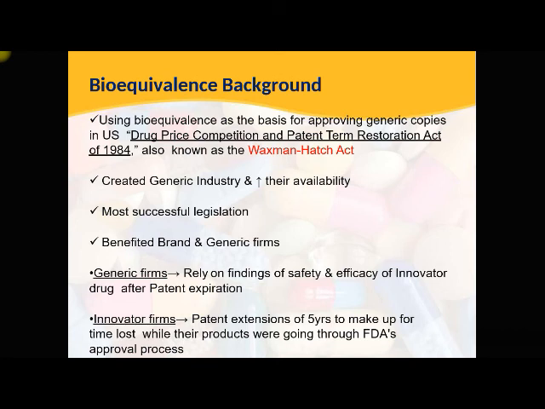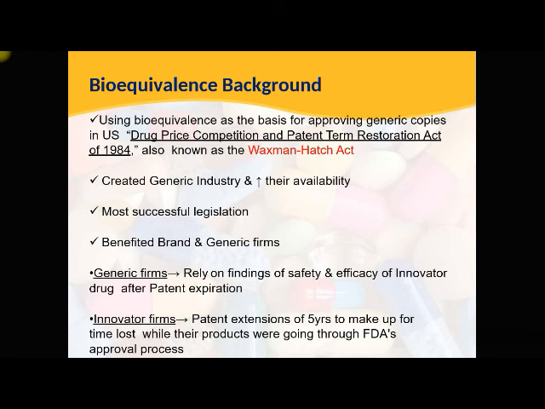Okay, so it created the generic industry and increased their availability. It is one of the most successful legislations in the pharmaceutical arena. Okay, so it benefited brands as well as the generic firms. Generic firms rely on the findings of safety and efficacy of the innovator drug after patent expiration.